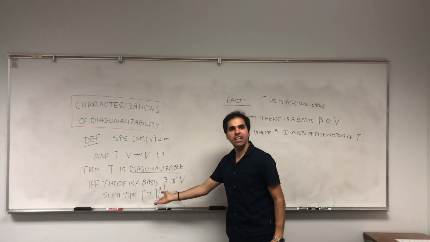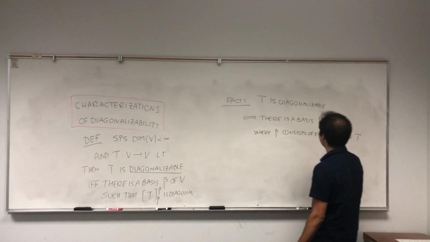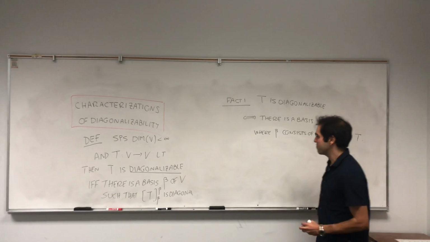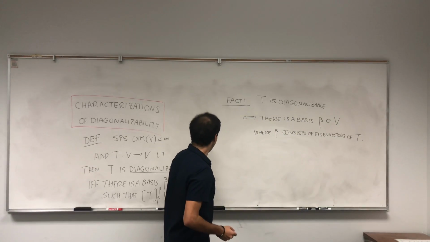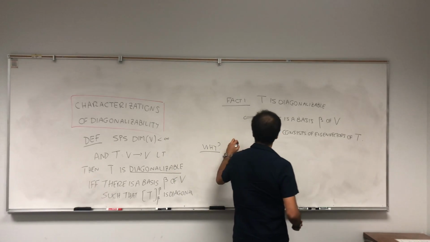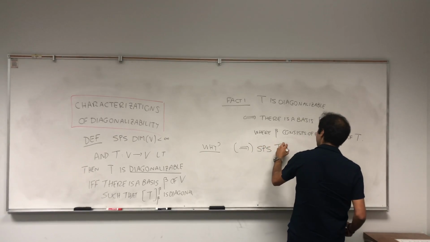Because technically for matrices, it only works for finite dimensional vector spaces, but a basis of eigenvectors, that's also true for infinite dimensions. So, why is that true? Well, let's see. Suppose T is diagonalizable.